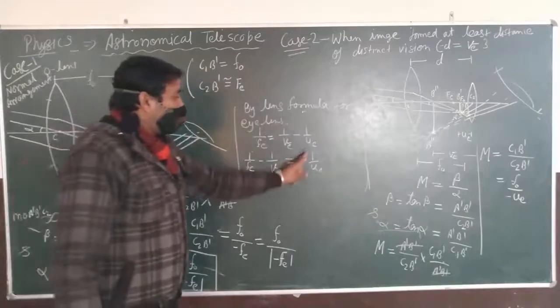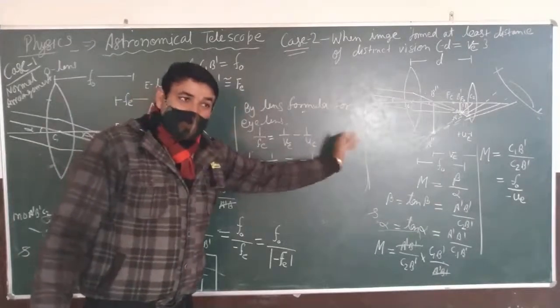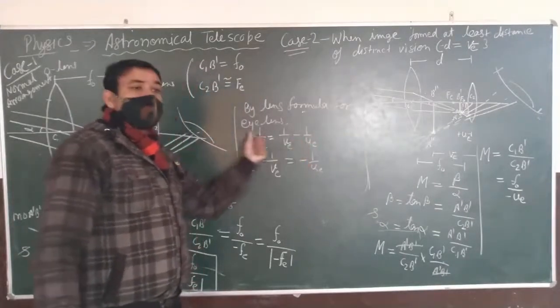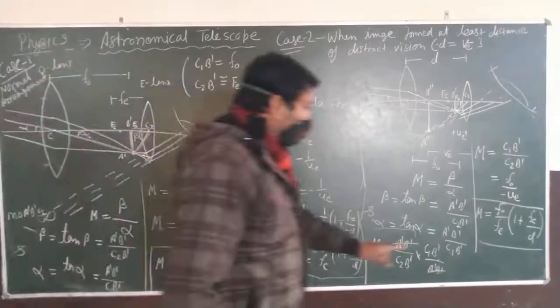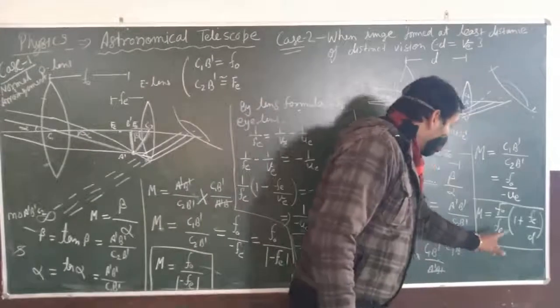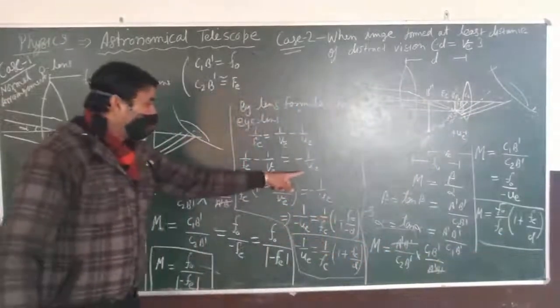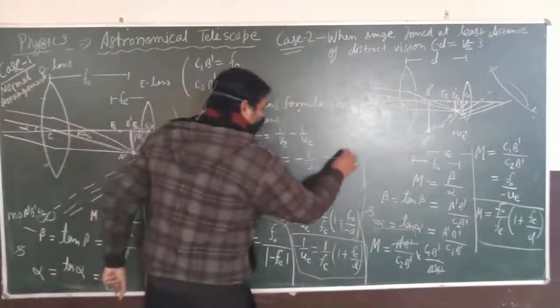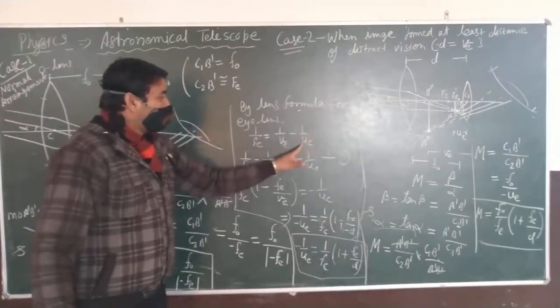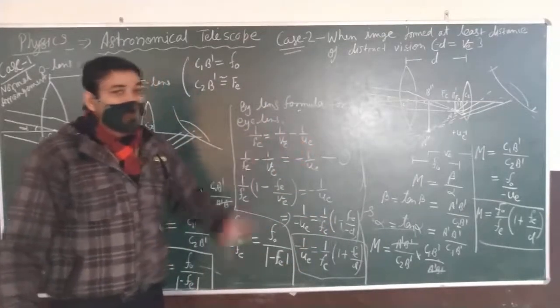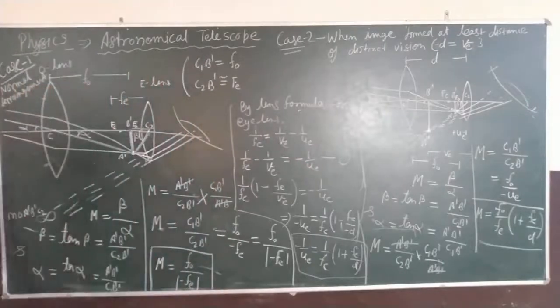Okay, 1 upon UV is on the right side and 1 upon VE is substituted to the left side. The result should be negative. So just calculate from this point. Let's say this is equation first. Solve the value of equation first for 1 upon UV only, and then tell me what is the answer.